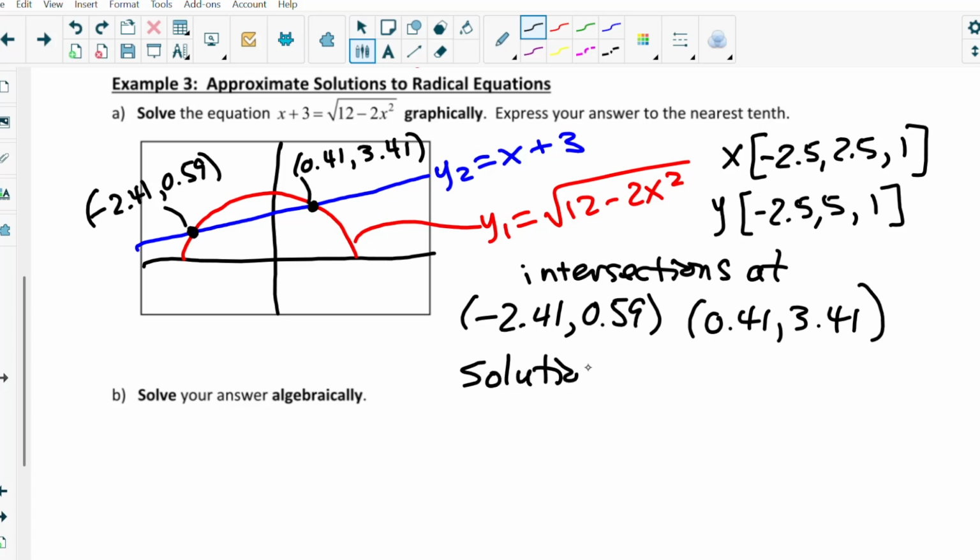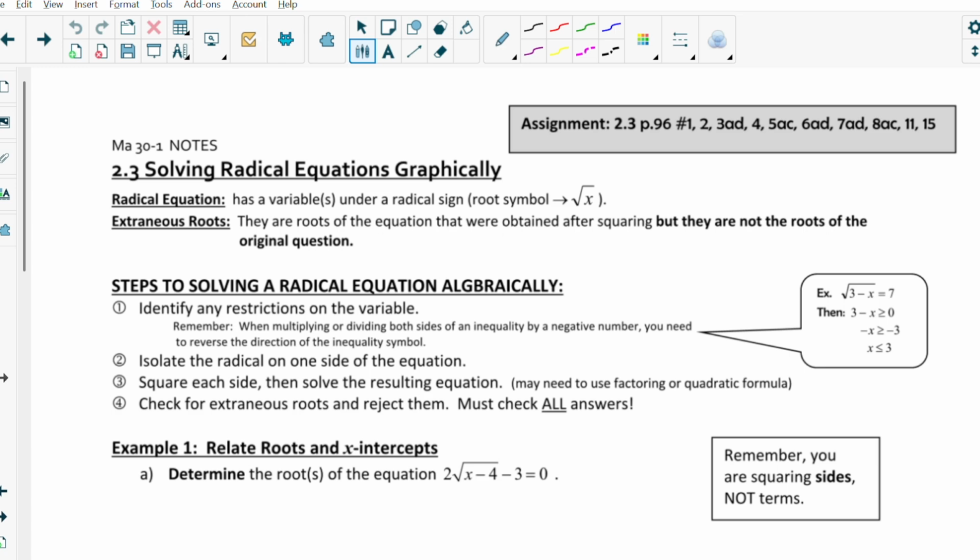So my solutions are the x values, approximate, right? X equals negative 2.41 and 0.41. Let's solve this algebraically.